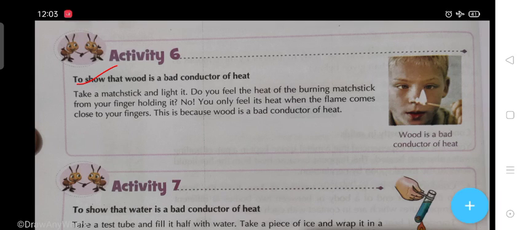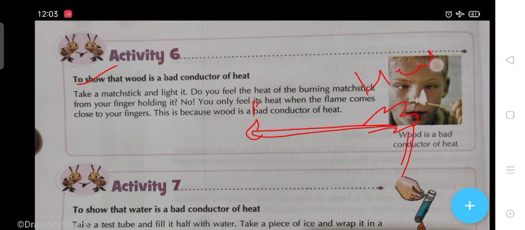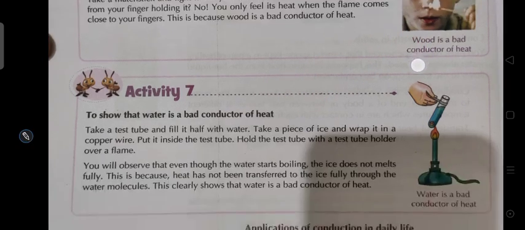Simply, students, you have to take a matchstick and burn it, and if you hold it from this side, then you will not feel heat. Why? Because the handle of this matchstick is made up of what? Wood, and wood is a bad conductor of heat.